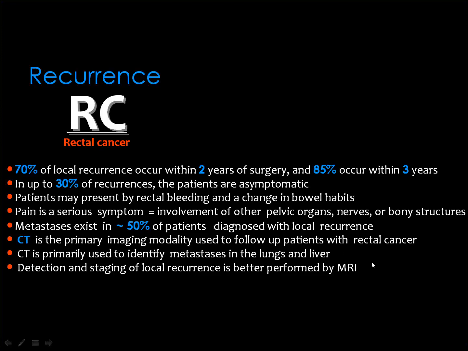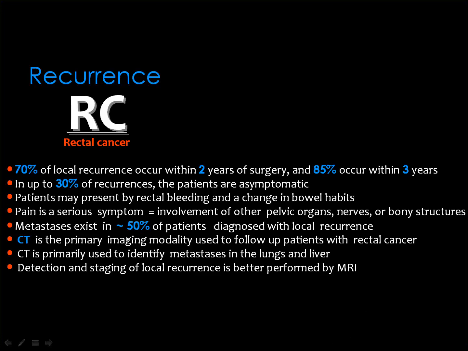Patients may present by rectal bleeding or a change in the bowel habits. Pain is considered as a serious symptom, which means that there is involvement of other pelvic organs like nerves or bony structures. In about 50% of the cases, you can detect distant metastasis diagnosed with recurrence.